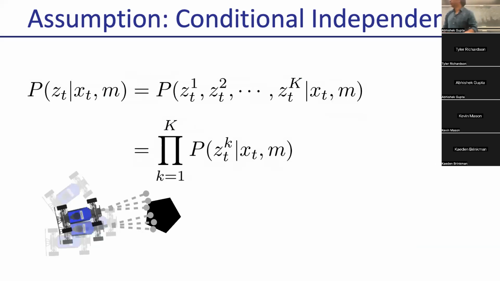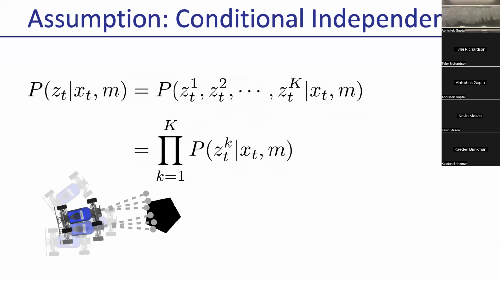And then the likelihood is going to be the product of the individual sensor models for each of those laser beams, right? So think about you have a car somewhere, you're shooting out laser beams in every direction, right? And depending on where you are and which direction you're facing, it's going to give you different distances, right? And you're going to take the product of all of those likelihoods.